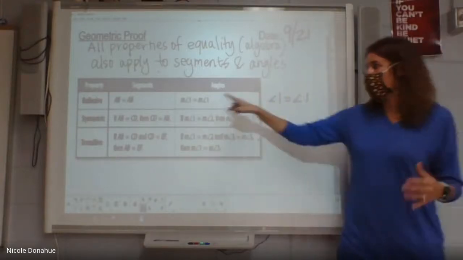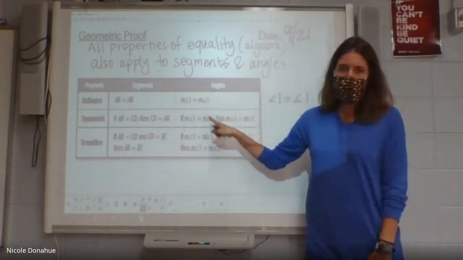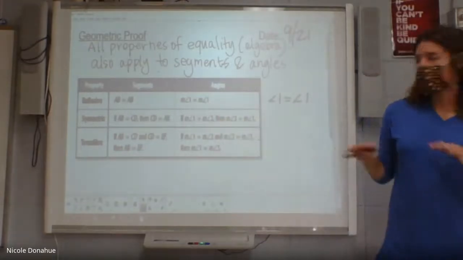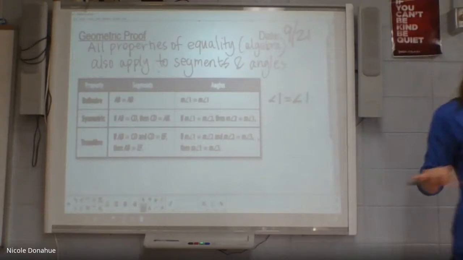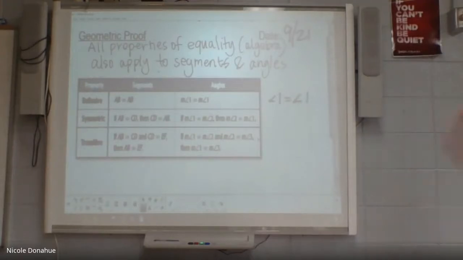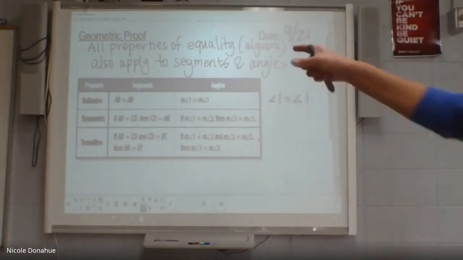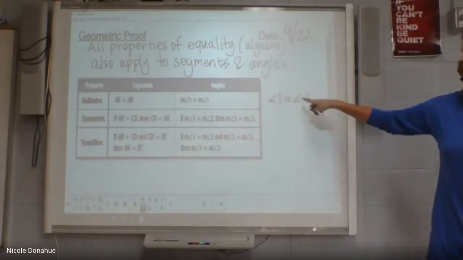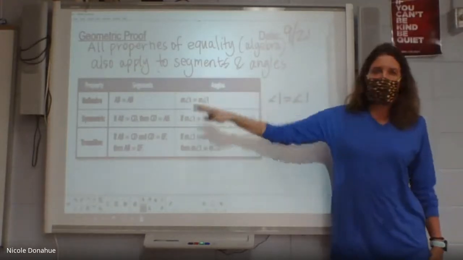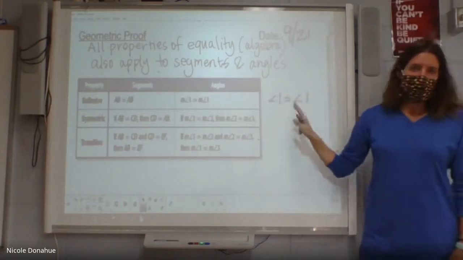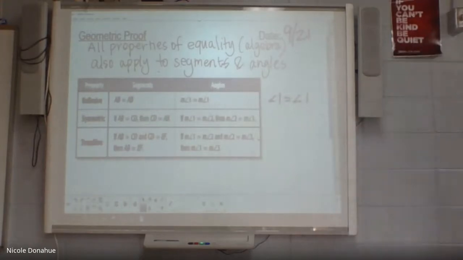If you're telling me the measure of angle 1 is congruent to the measure of angle 1, that's fine. Angle 1 equals angle 1, same thing. So if you look at our book, I don't want you to get confused and ask what that little M is. This is just a fancier or more technical way to write this, and I think this is easier, so let's stick with the more straightforward.